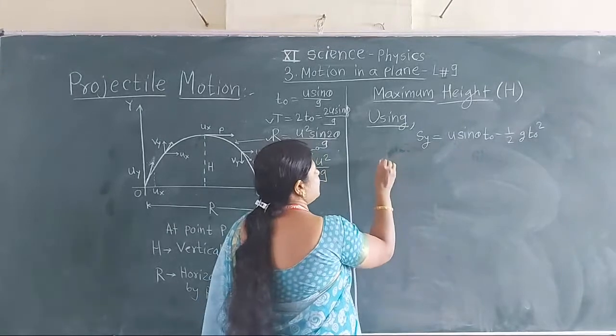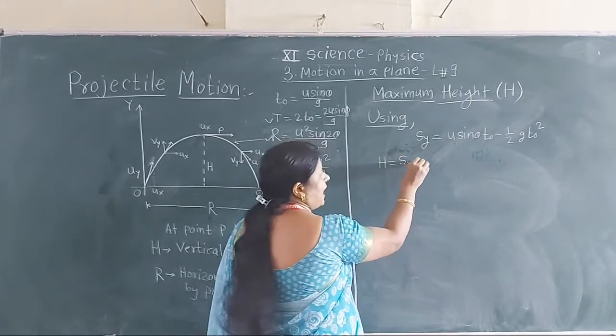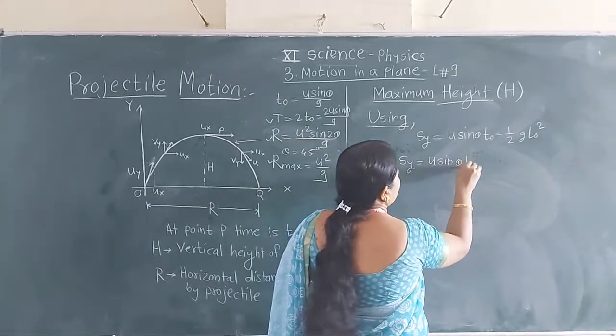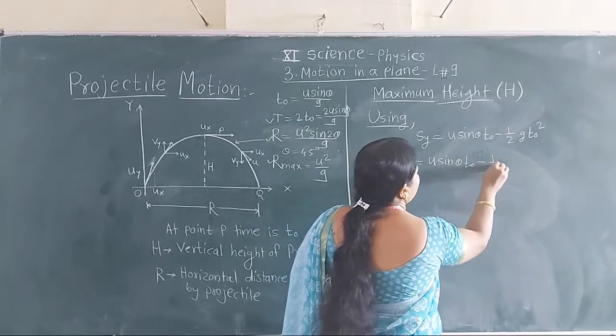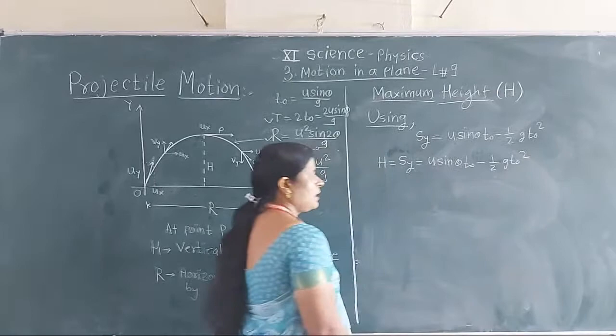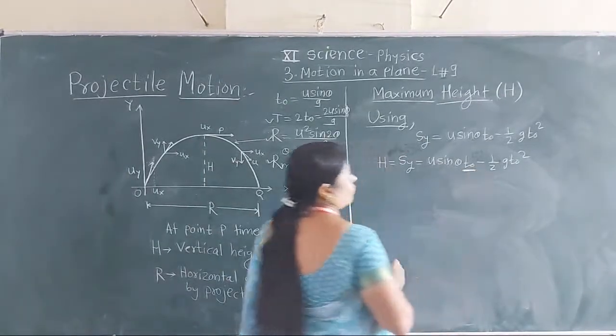So sy is equal to h, which is equal to u sin theta t0 minus 1/2 g t0 square. Now we have to substitute the value of t0.